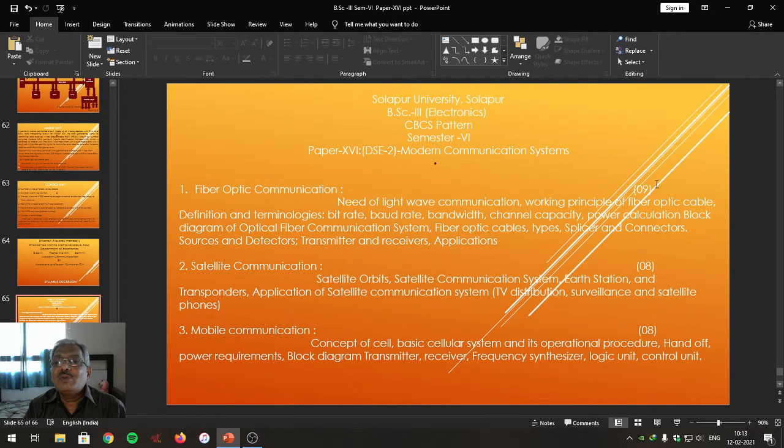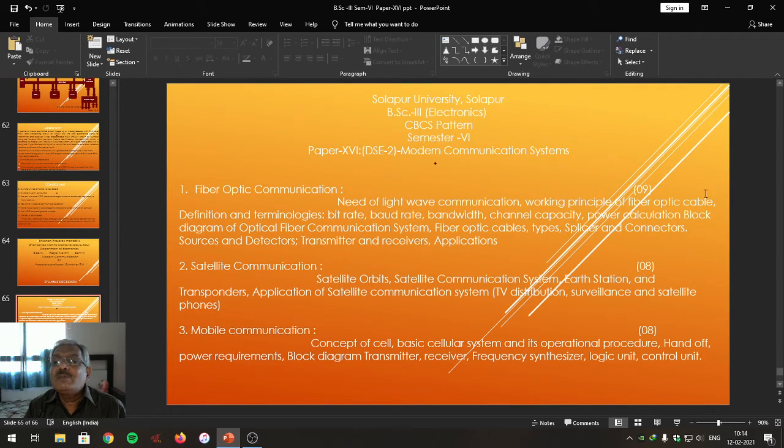This topic we have to complete within 9 periods. Dear students, this topic we are going to begin with why light is needed to carry the information through the optical fiber. That is the need of light.